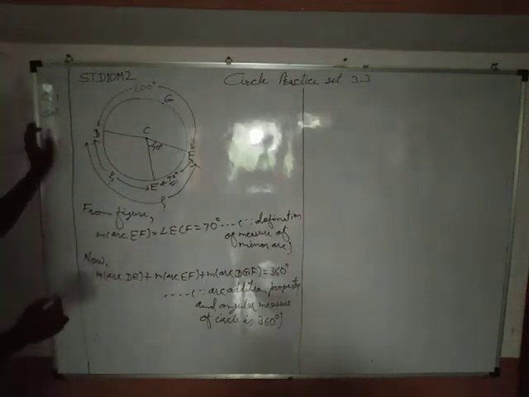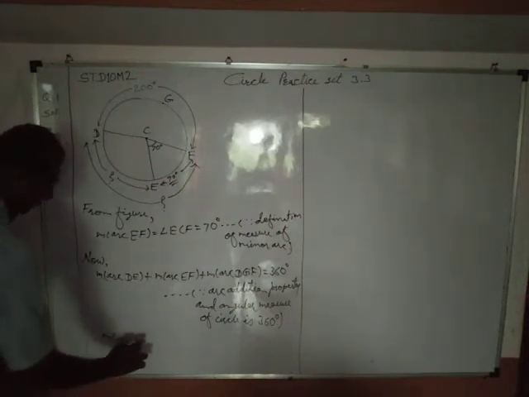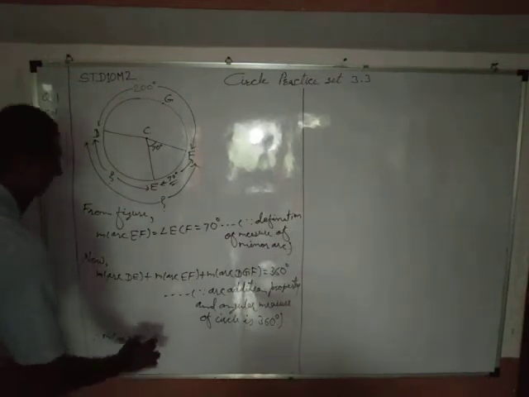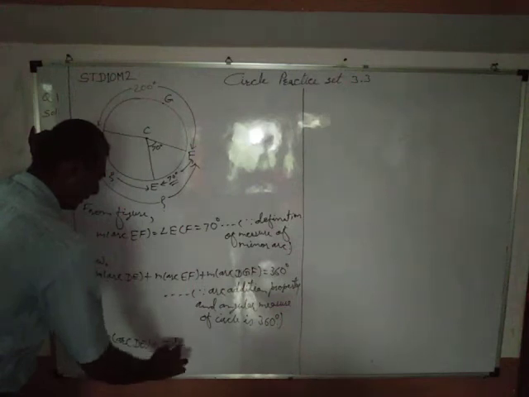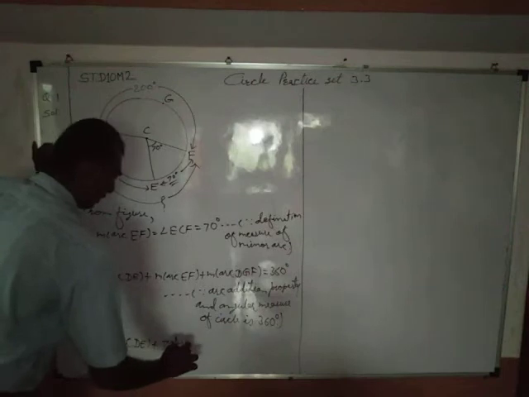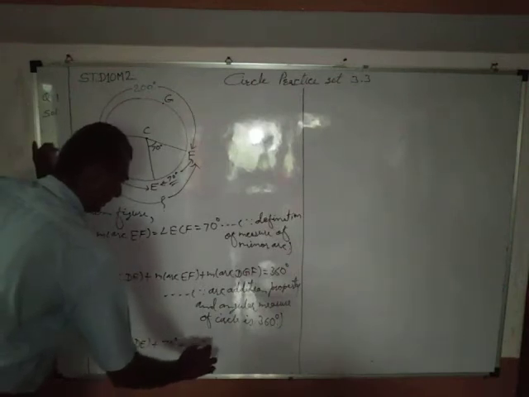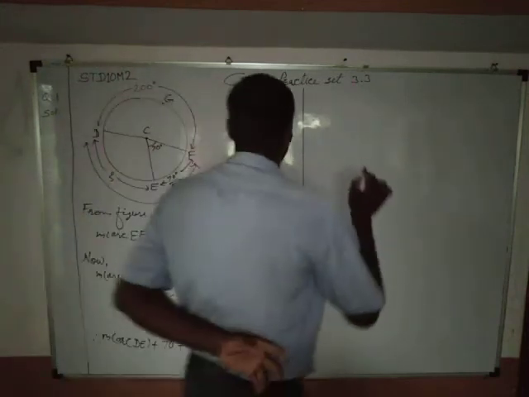Okay, and therefore let's put those values which we know. We don't know measure of arc DE, that's why let's write it as it is. Measure of arc DE plus measure of arc EF, which is 70 degrees, plus measure of arc DGF, which is 200 degrees, equals 360 degrees.